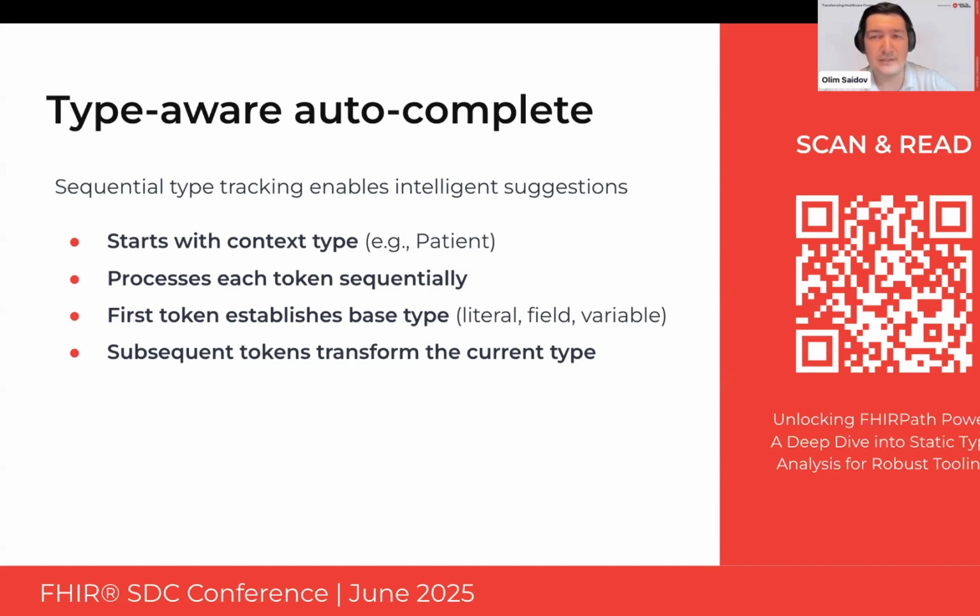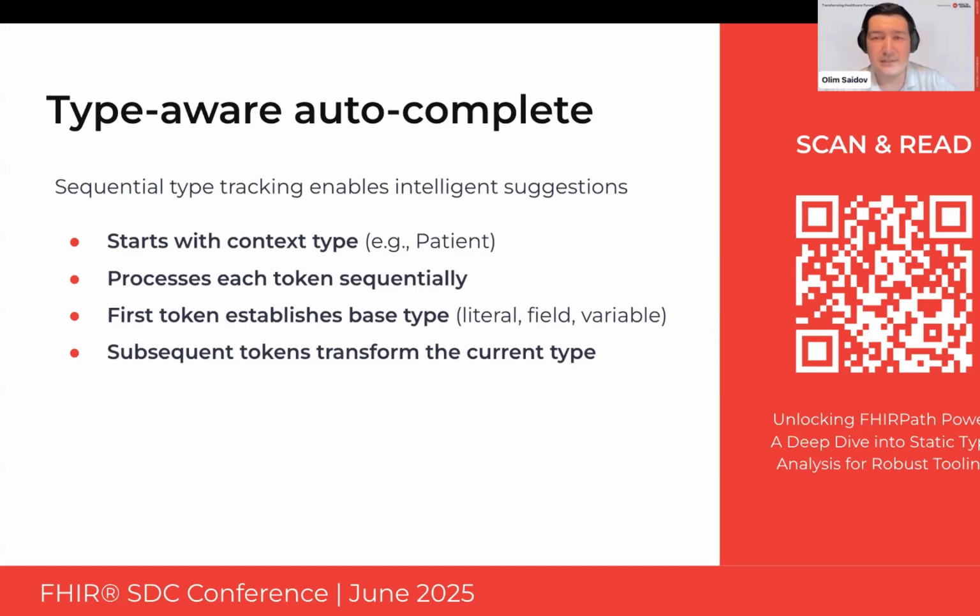Each token is processed sequentially. The first token establishes the base type, whether it's from a literal value, field access, or variable reference. The subsequent tokens transform the current type. If you access a field, the type changes to that field's type. If you call a function, it transforms based on the function's return type.